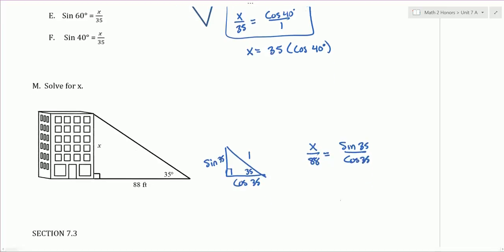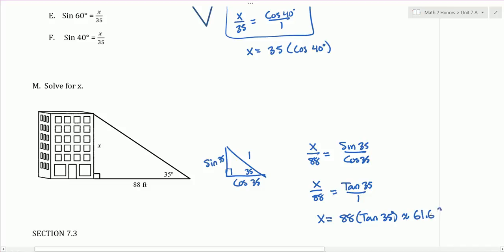Sine over cosine is tangent, so this is x over 88 is tangent 35 over 1. When you cross multiply, you end up with x is equal to 88 times the tangent of 35 degrees. Use your calculator. And you get roughly 61.6 feet.